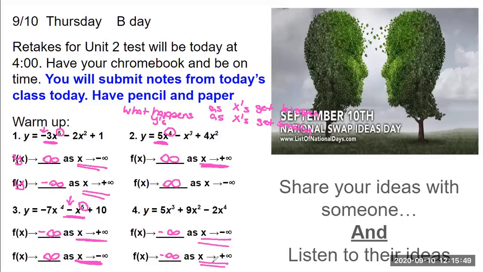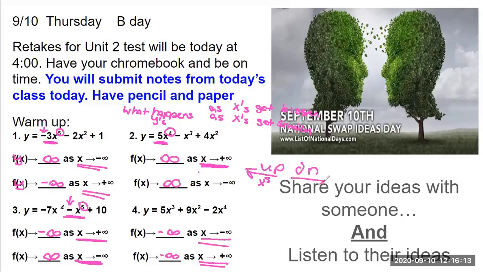It tells you exactly what you're trying to figure out. What happens to the y's as the x's get bigger? What happens to the y's as the x's get smaller? If I write up, down, what I'm telling you is, as the x's get smaller, the y's go up.